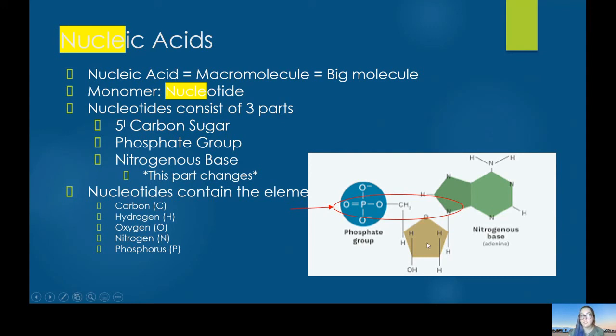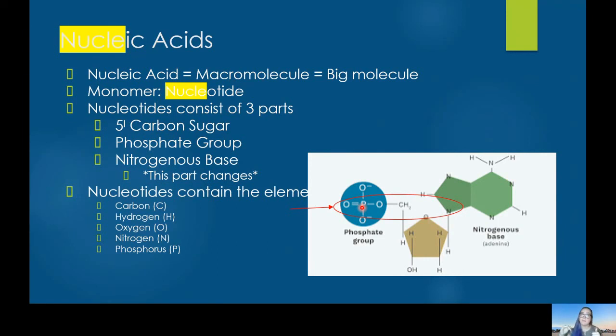So the 5-carbon sugar is going to look like a little pentagon because there's 5 carbons, right? So this is your 5-carbon sugar down here, this pentagon shape. Then your phosphate group is of course going to have a phosphorus in it, which is P. Now this is our 5th element now coming into nucleic acids.